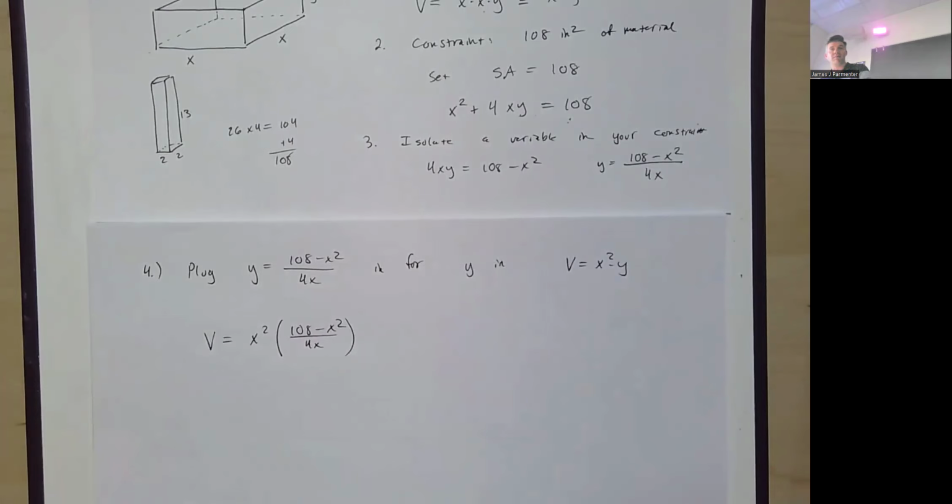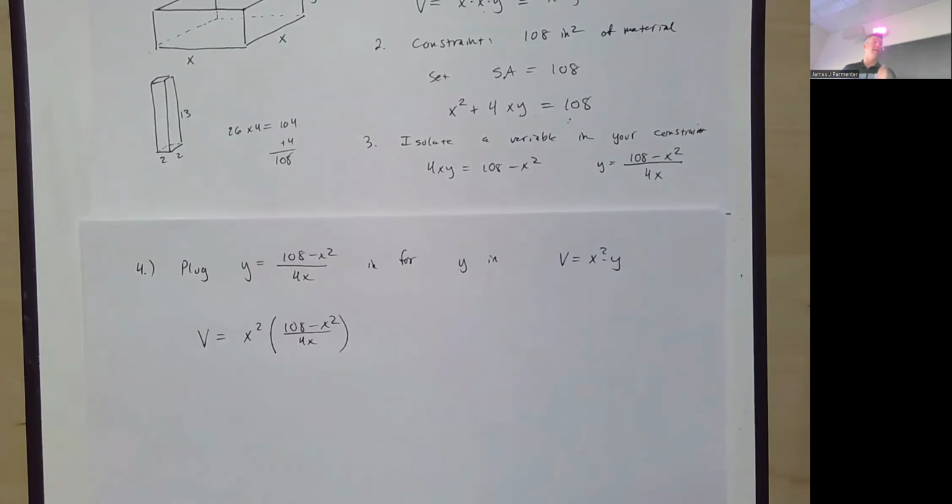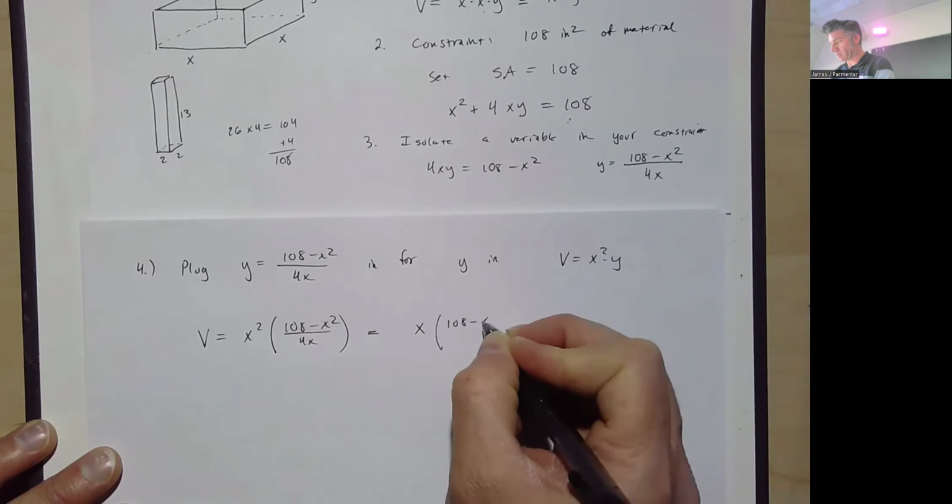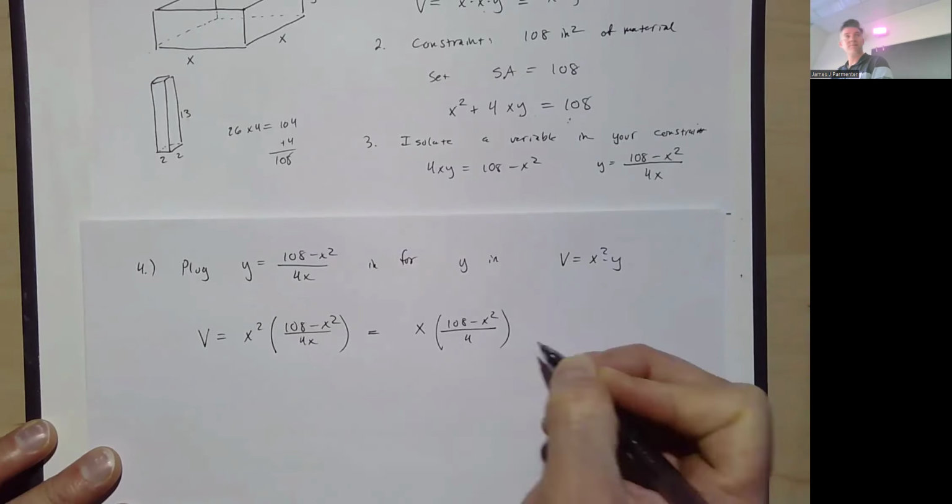And now our volume is a function of one variable, and we are capable of maximizing or minimizing functions of one variable. I would really not like to use the quotient rule here, and more importantly, I don't have to, because I can cancel an x and say this is really equal to x to the first times (108 minus x squared) over 4.